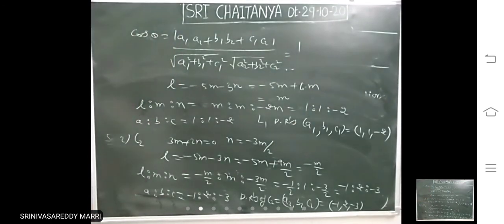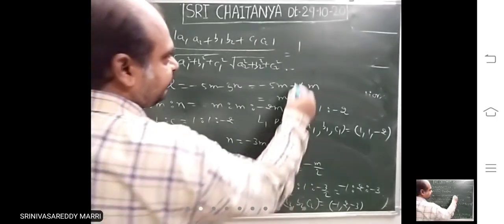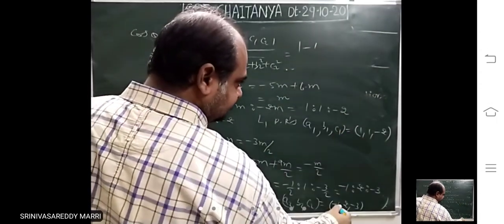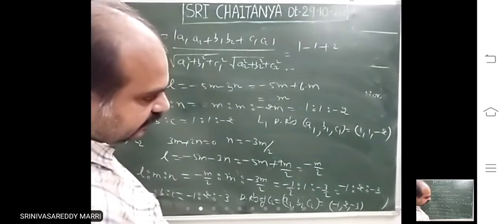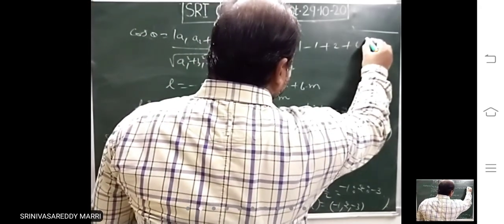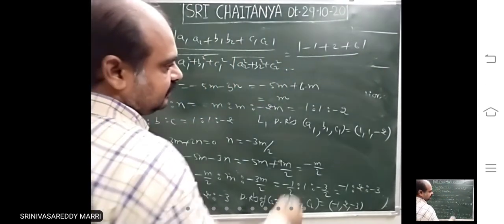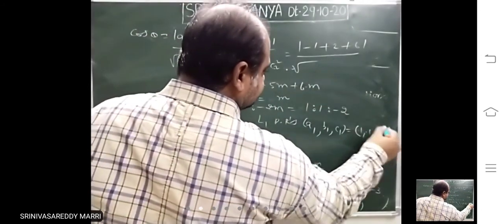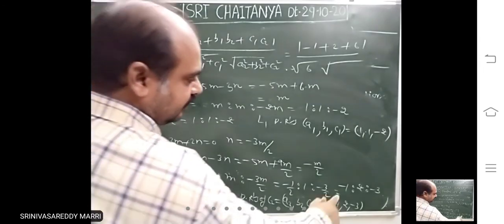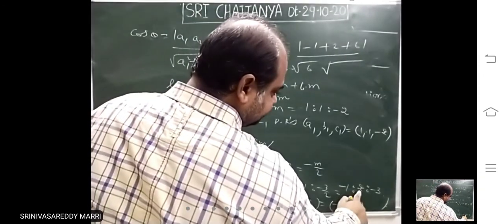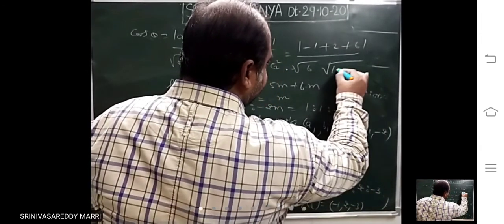So modulus of 1 into minus 1 plus 1 into 2 plus 6, divided by root of 1 plus 1 plus 4, 6, into root of 1 plus 4 plus 9, 14.